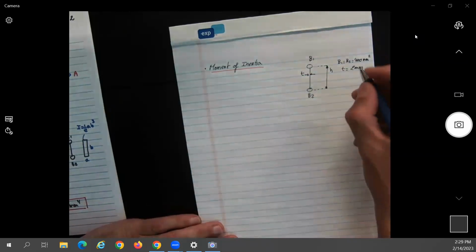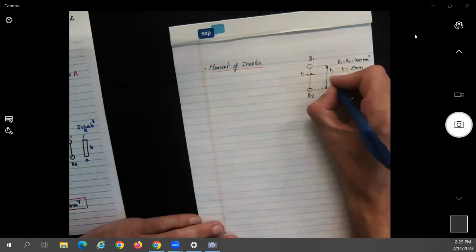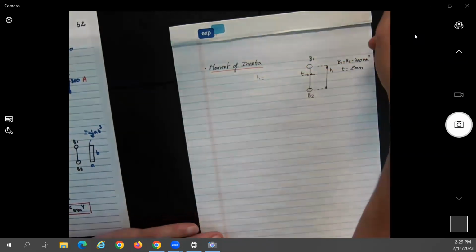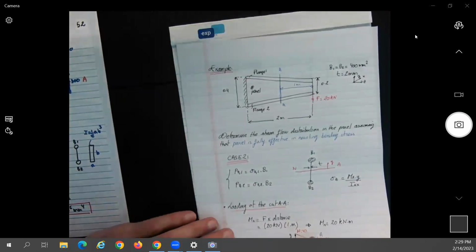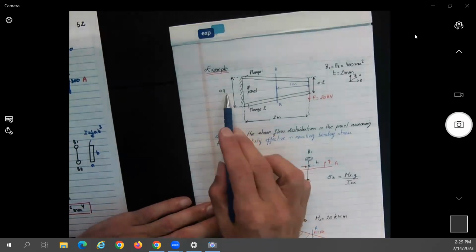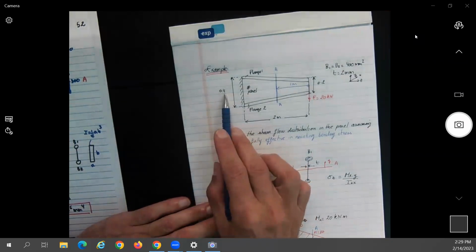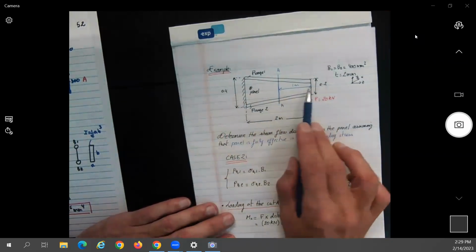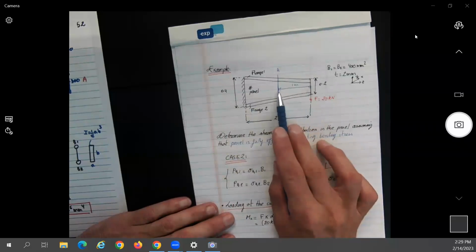This is pretty simple. The height at the root is 0.4 meters or 400 millimeters, and at the tip is 200 millimeters, and this is linear. What should be the height at the cut?